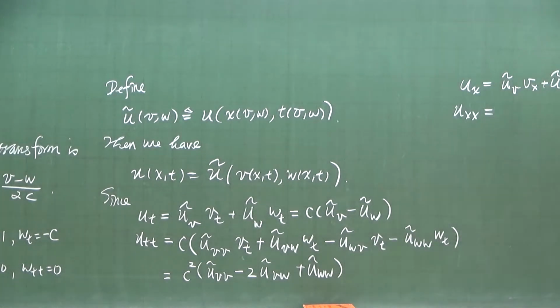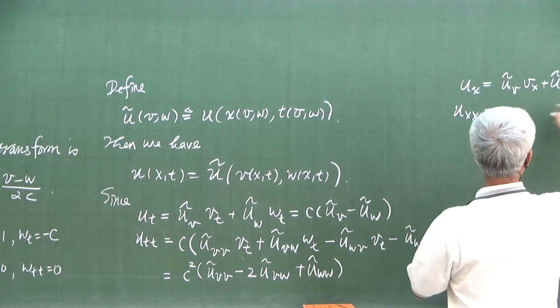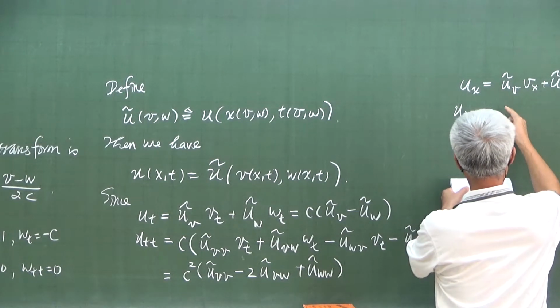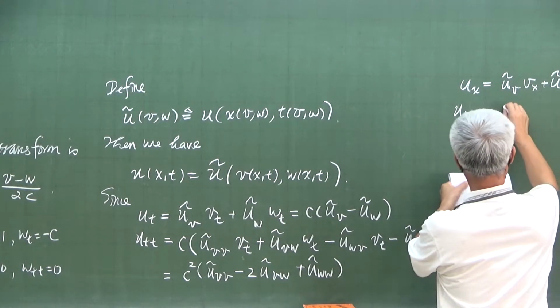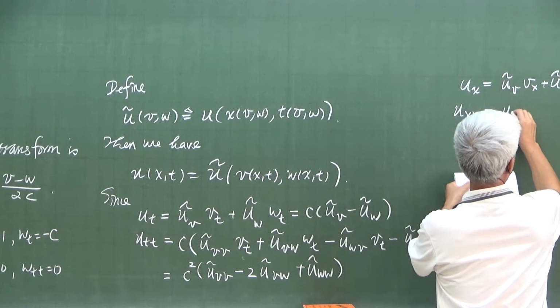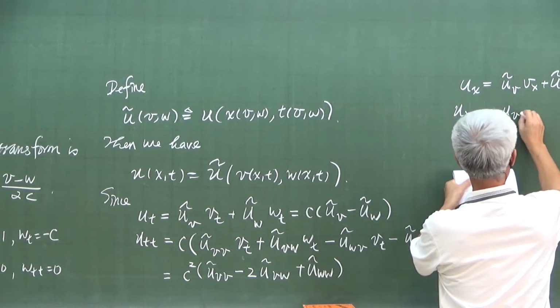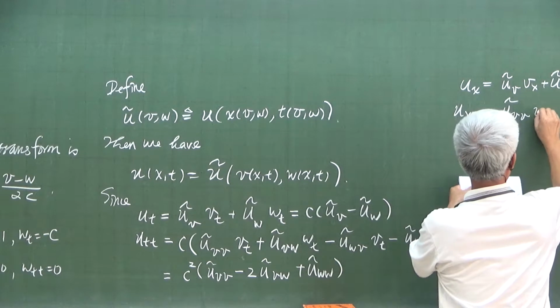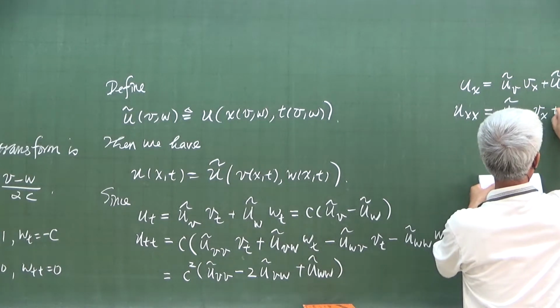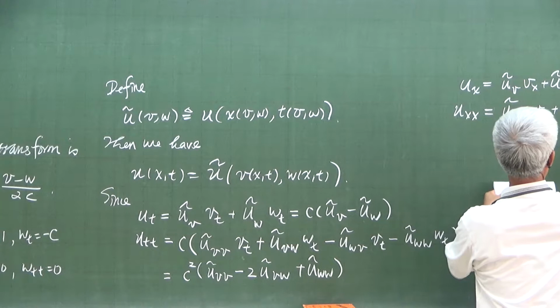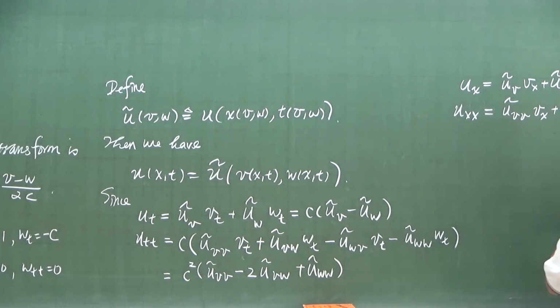Okay, and then we do the partial derivative again with respect to x, and so here we have u_vv v_x plus u_vw w_x, plus here u_wv v_x plus u_ww w_x again.